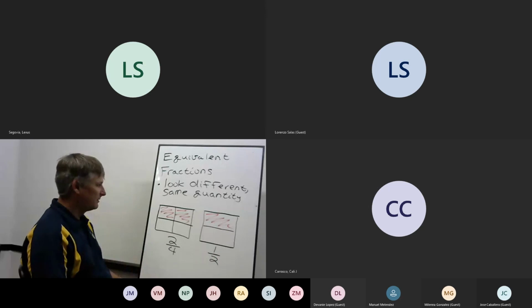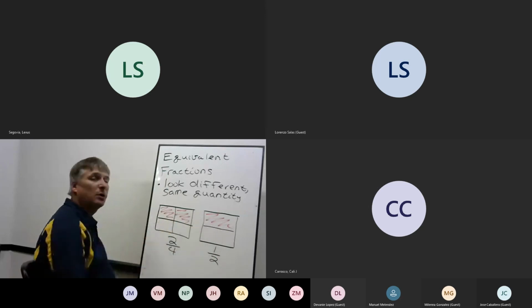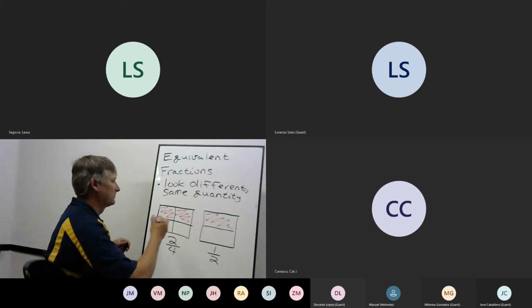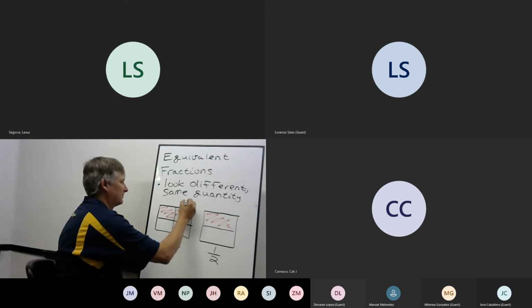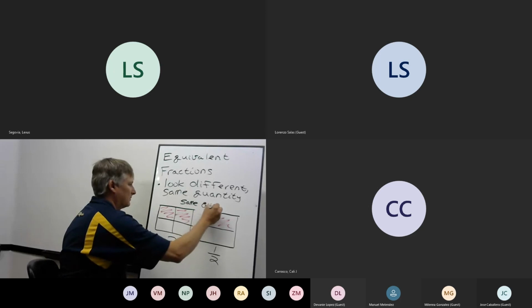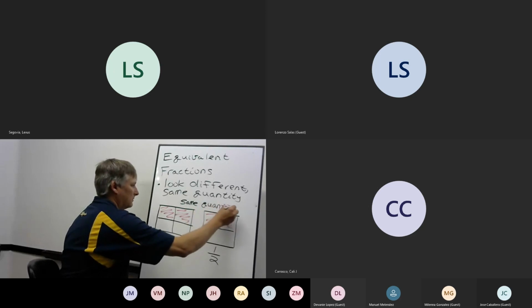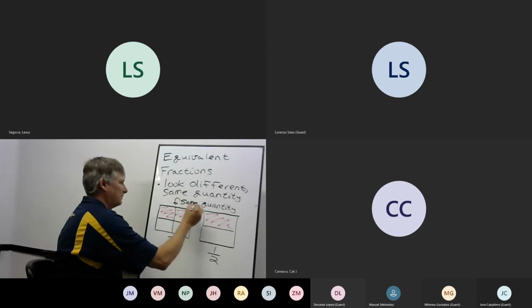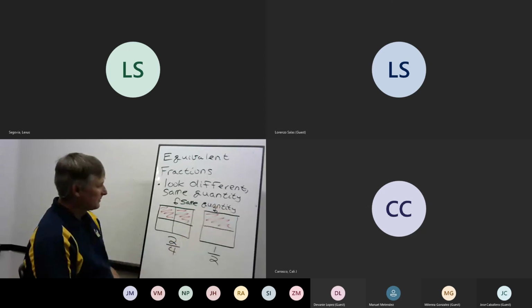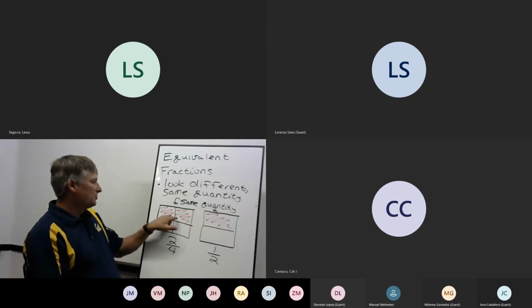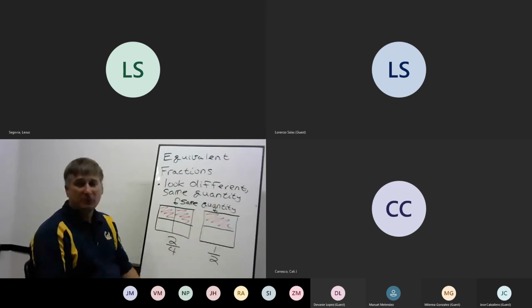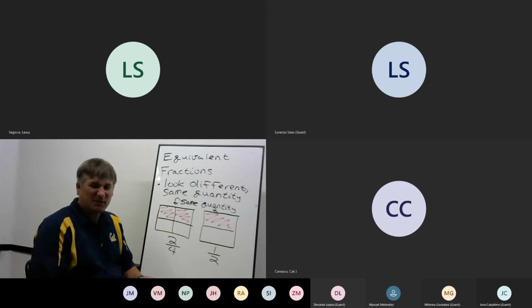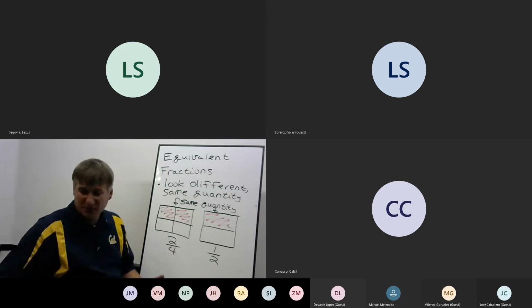That's 1/2. But these are the same quantities. It's the same amount. But you can express them as 2 out of 4 or 1 out of 2. And that means these are equivalent fractions. 2/4 is equivalent to 1/2.